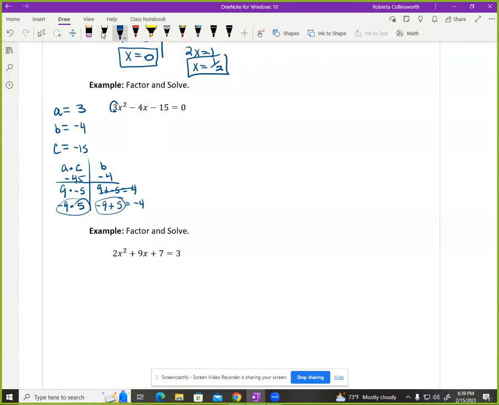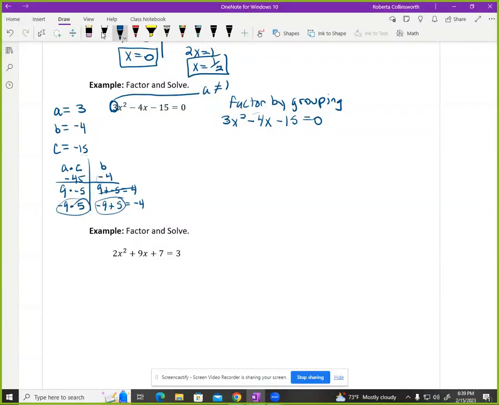So when I have a number that is not 1, then I'm going to do factor by grouping. So I'm going to take this equation. Let me rewrite it. What I just found were factors of a times c that add together to be b.